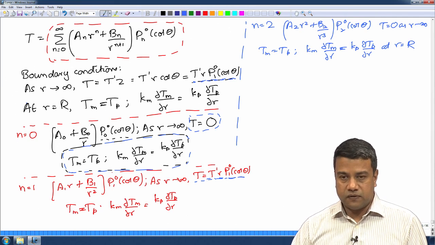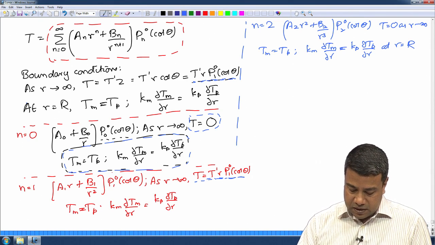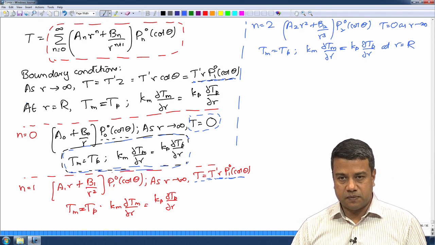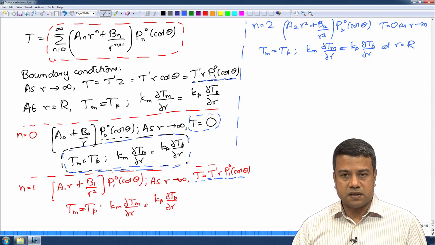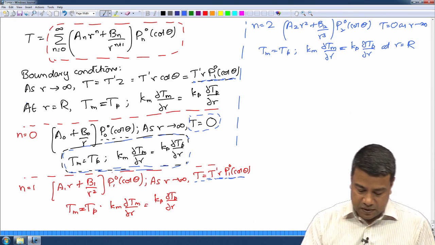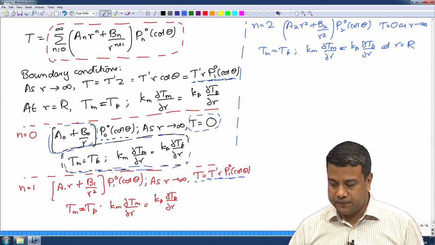Therefore, for 0, 2, 3, etc., I have a forcing that is 0, I have boundary conditions which basically relate the temperature in the matrix and the particle and the flux in the matrix and particle. If the forcing is 0, all of these conditions are satisfied if A0 and B0 are both 0.